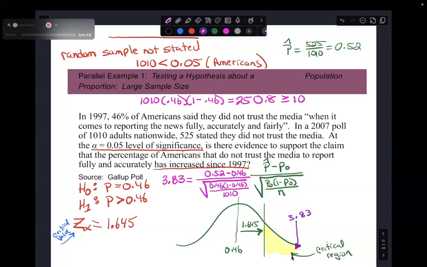So, because it is way out there in the critical region, I would reject the null hypothesis. I have sufficient evidence to show that the actual percent of Americans who don't trust the media is greater than 46% because that z-score is way out there.